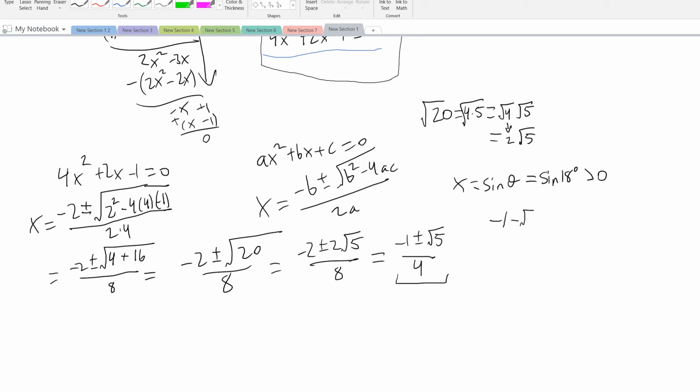Let's look at negative 1 minus square root of 5, over 4. This quantity is negative, and this quantity is positive, so that means that's a negative number. So it's not the one that we want. So the one we want is negative 1 plus the square root of 5, over 4.